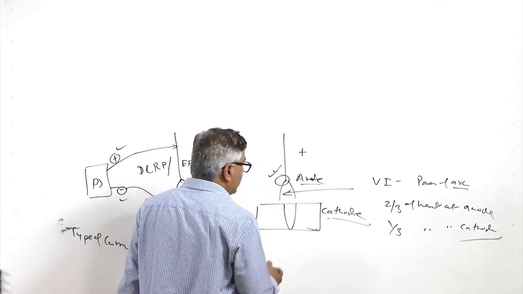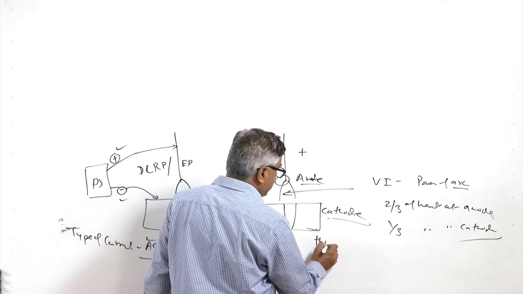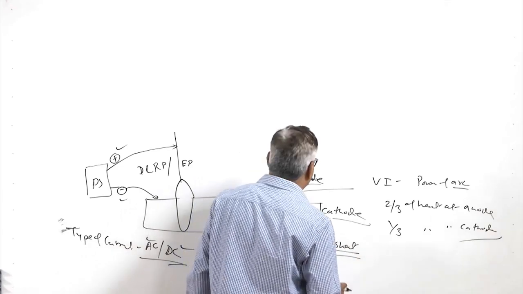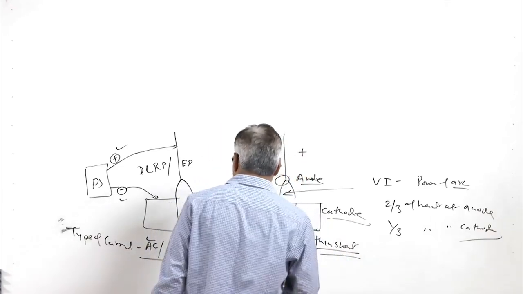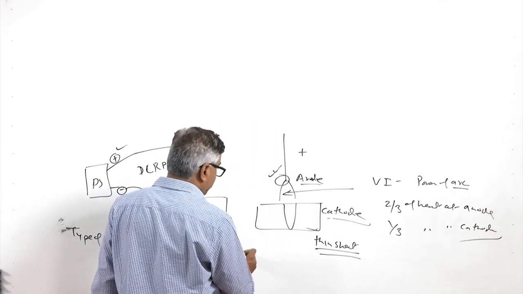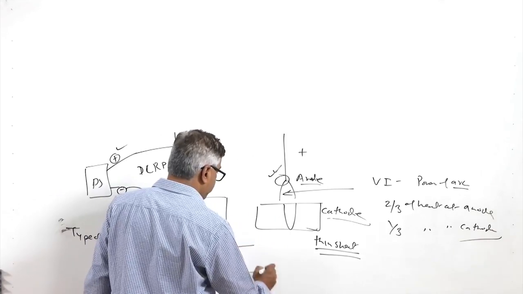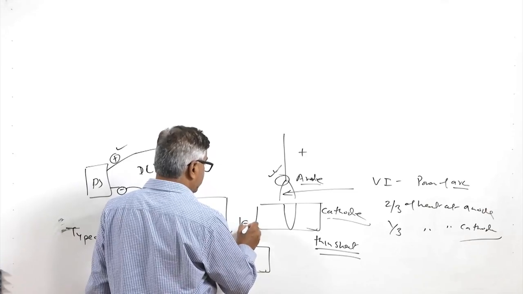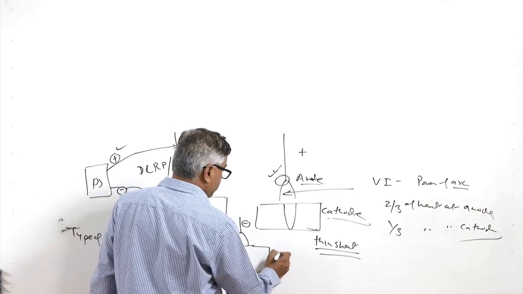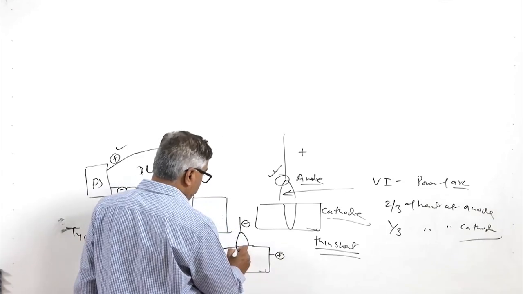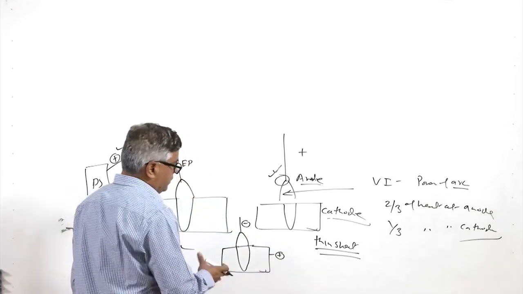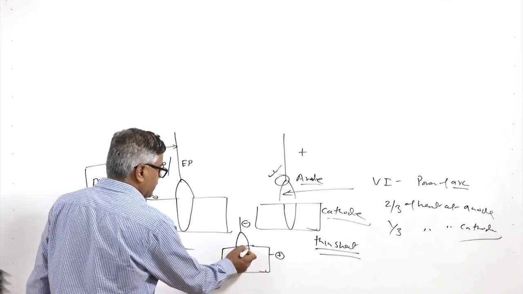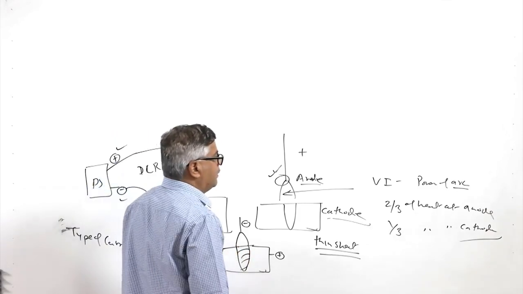This may be good when thin sheets or thin plates are being welded, but when we are working with thicker plates, we normally prefer electrode negative and workpiece positive, so that more heat is generated on the workpiece side to ensure penetration through the thickness of the plates, so that the required weld can be obtained.